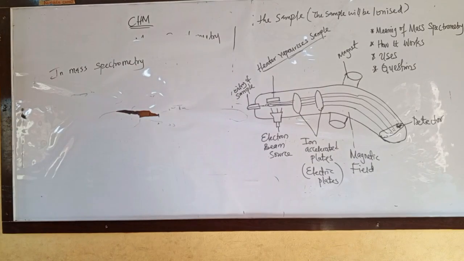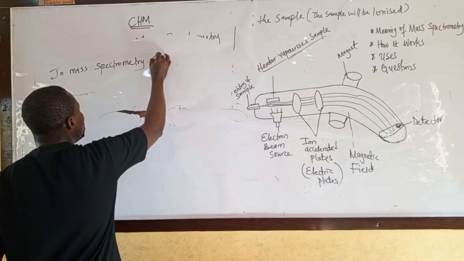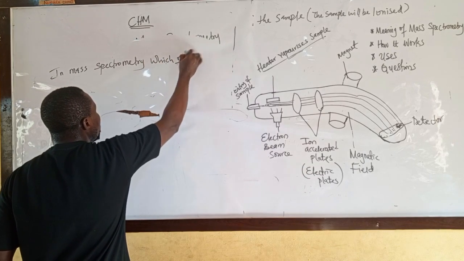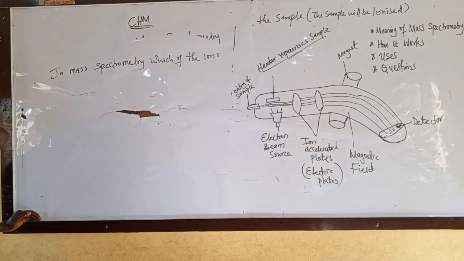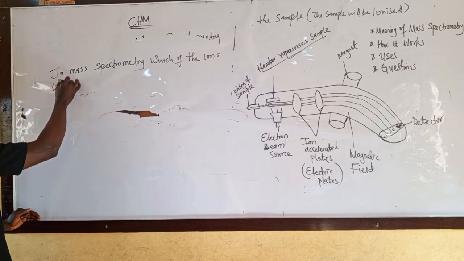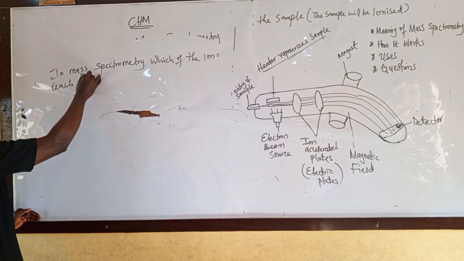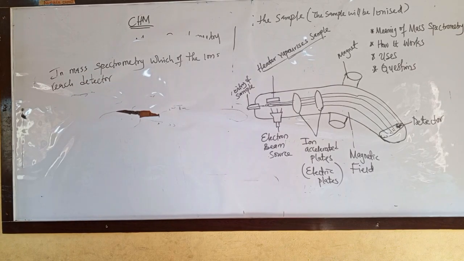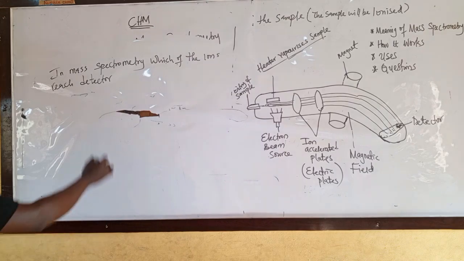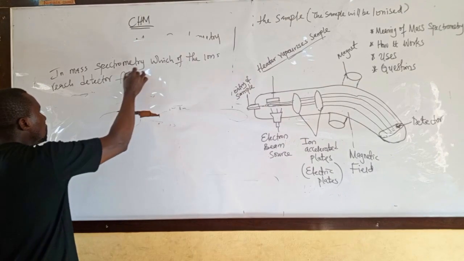In mass spectrometry, which of the ions reaches the detector first?